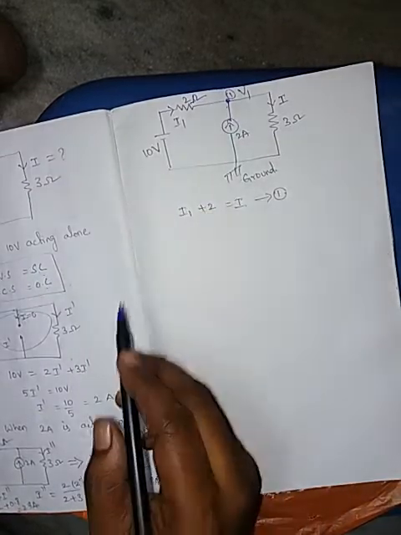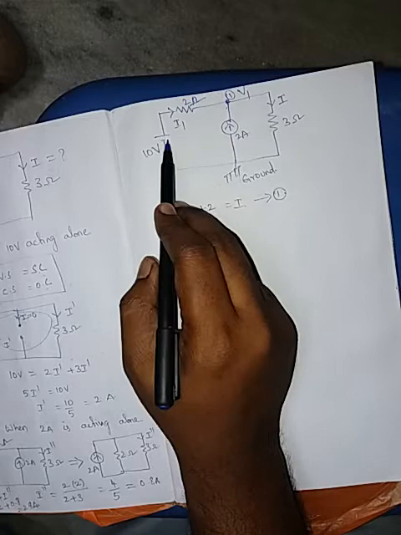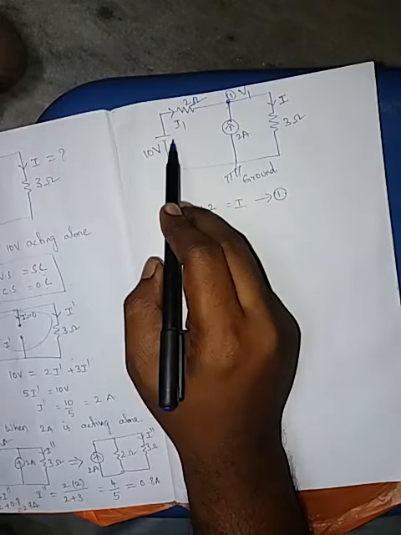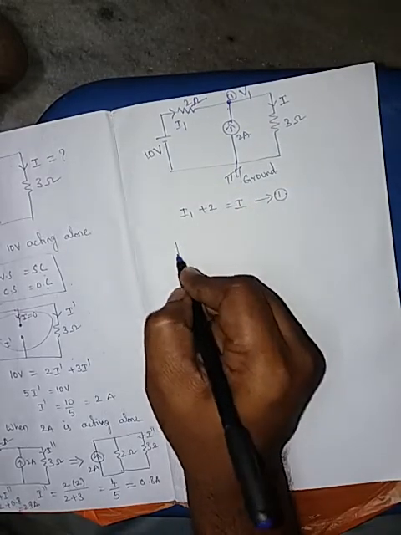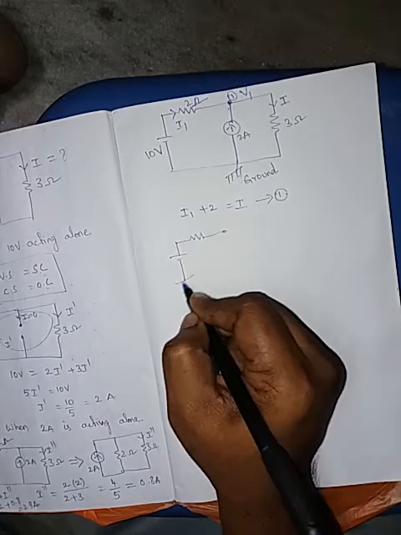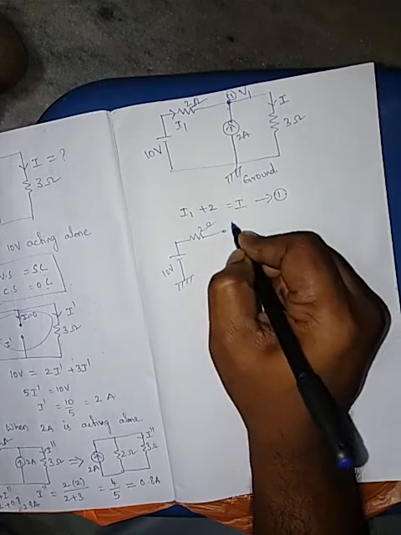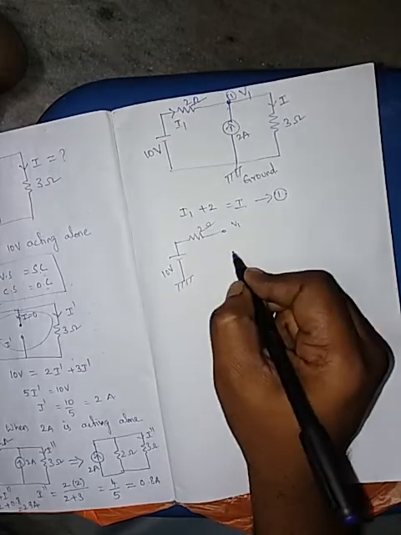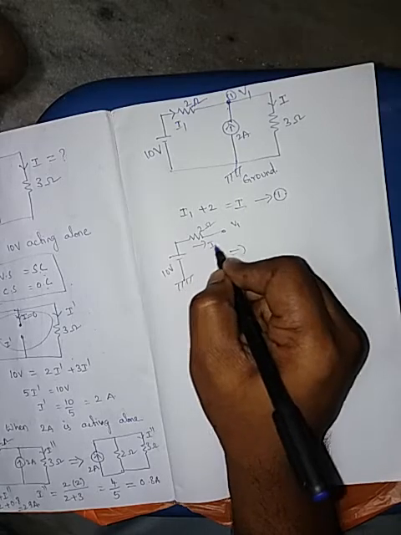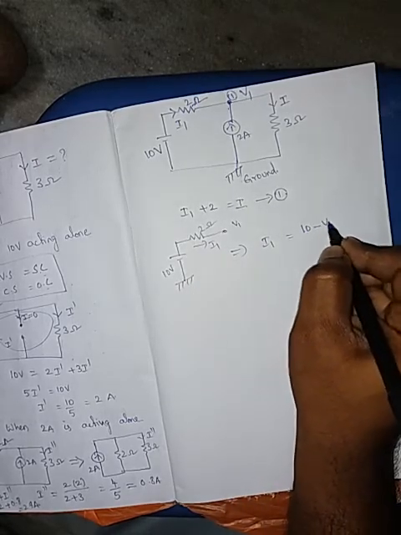Now what is I1? I1 is the current flowing through the 2 ohms. It is like this: 10 volts, 2 ohms, node V1. So I1 is equal to (10 minus V1) by 2.